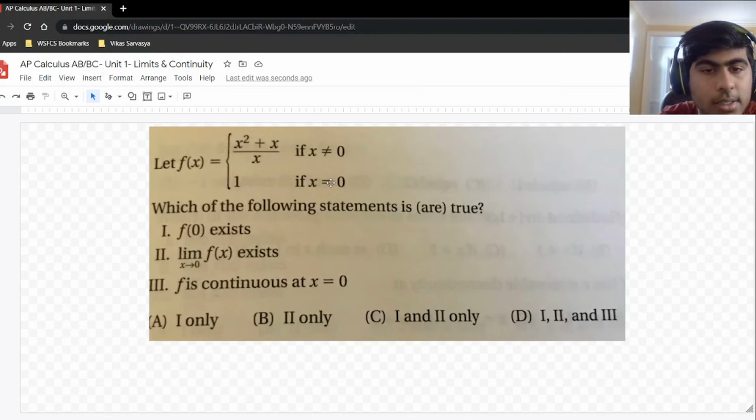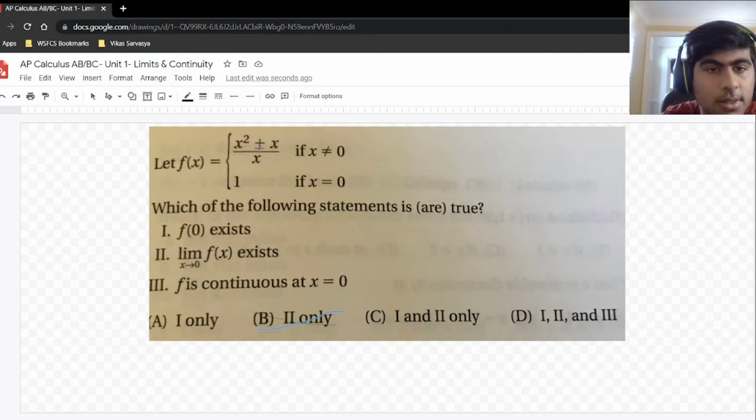At x equals 0, we use this bottom function, and it's 1, right? So this is just f of 0 is 1, right? So this one exists. This is true. Therefore, well, the answer can't be B because it doesn't have 1 in it. It has to be one of these three. The limit of f of x exists.